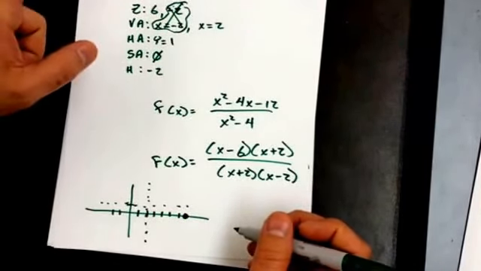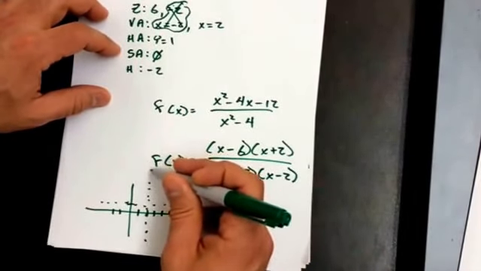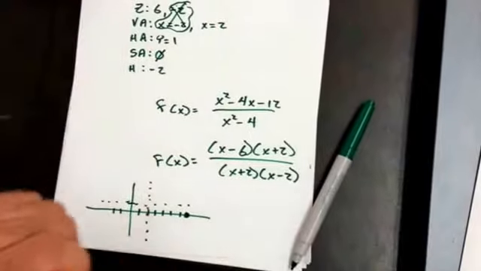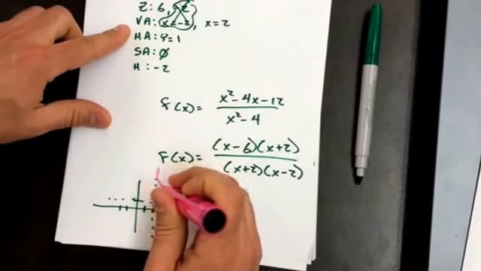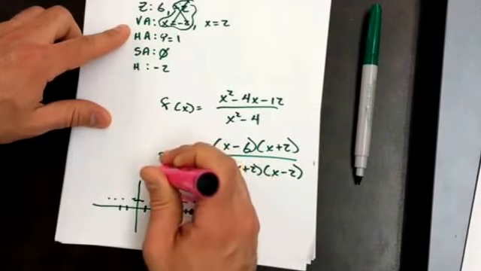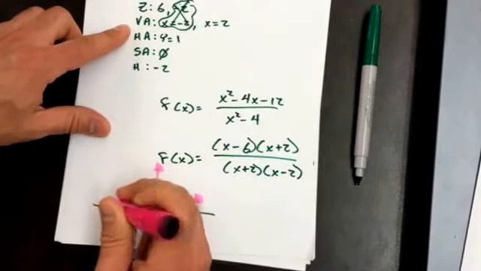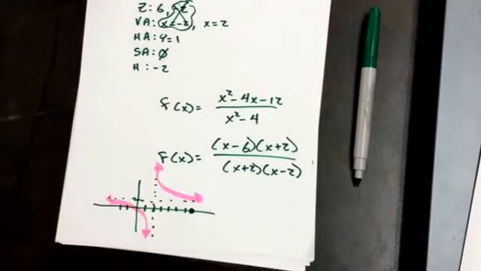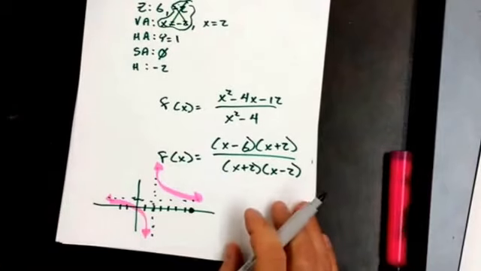So what does that mean that happens? Well, these should be my asymptotes. That means that it should never cross this, which means that it should look like this. But if it looks like this, it doesn't hit this 0. So there is a rule.